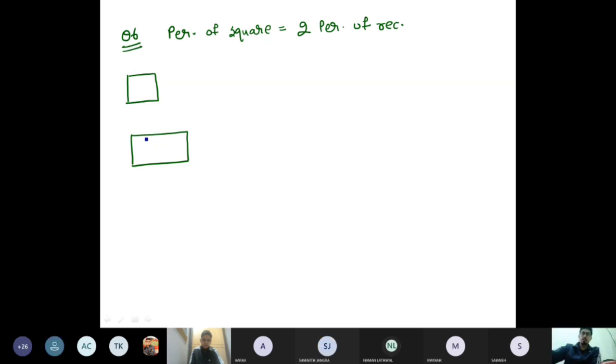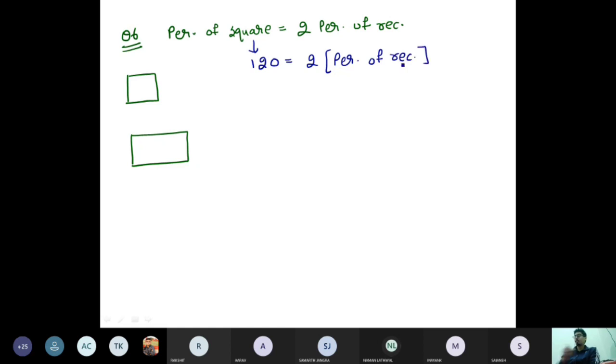Now see, students, what is given. If the perimeter of the square is 120 meter, it is given to us. So this will be twice the perimeter of the rectangle. And the length and the breadth of the rectangle are in the ratio.